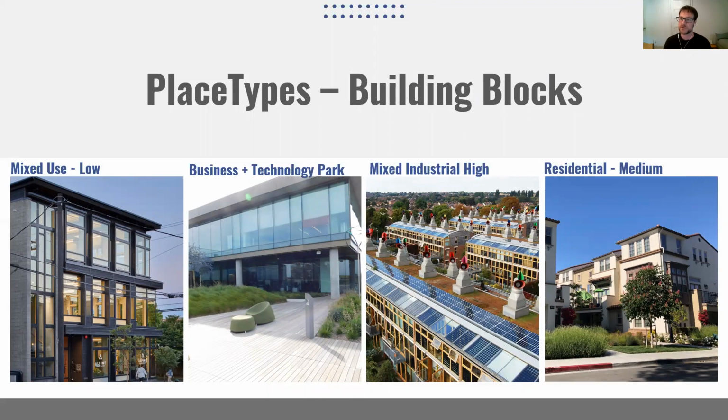Most of these types are already found within South San Francisco, whether they're in downtown, east of 101, Lindenville, or in any of the residential neighborhoods. In some cases, we've included other new building blocks that don't exist in the city, like mixed industrial high, so that we can really test these different policy choices and alternatives in the future.